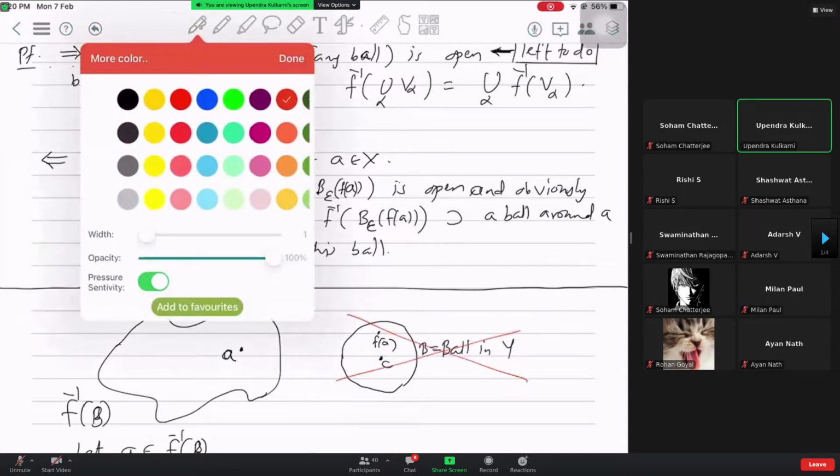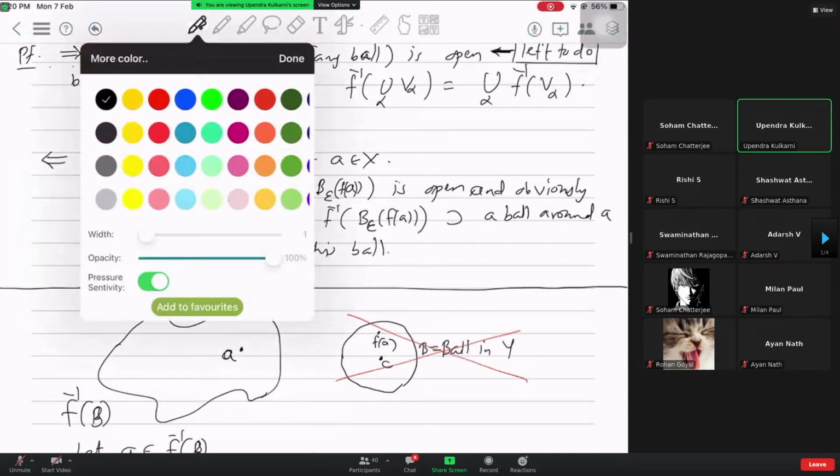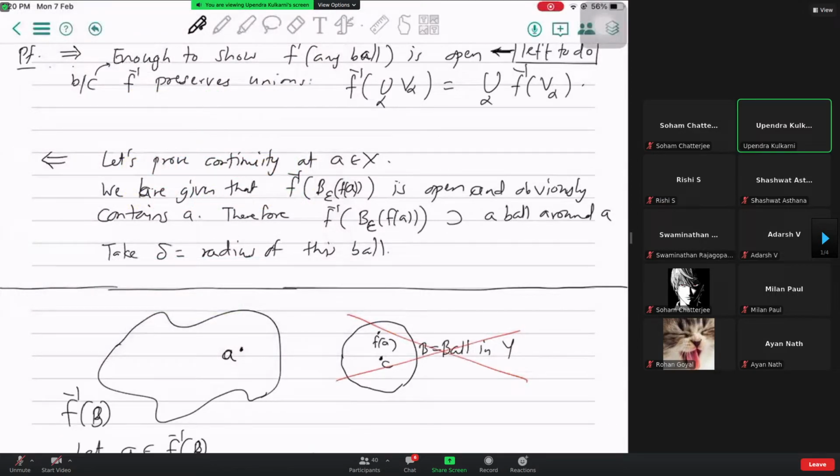It's not wrong. It is just that we might as well take B any open set in Y, right? Maybe, okay. So perhaps what I should have done was, I need not have crossed out the picture. I could have crossed out just the ball part of it, right? Okay, so let me do that.